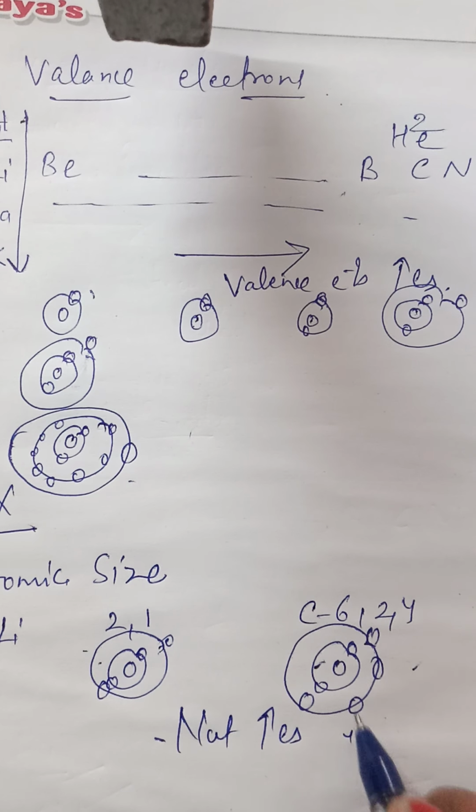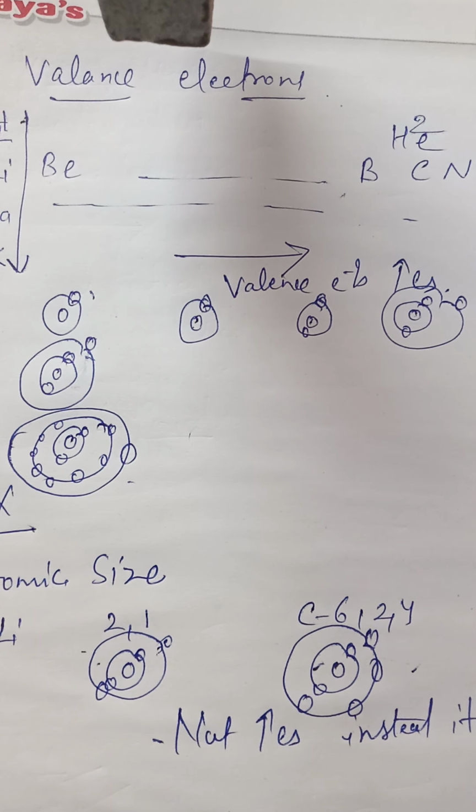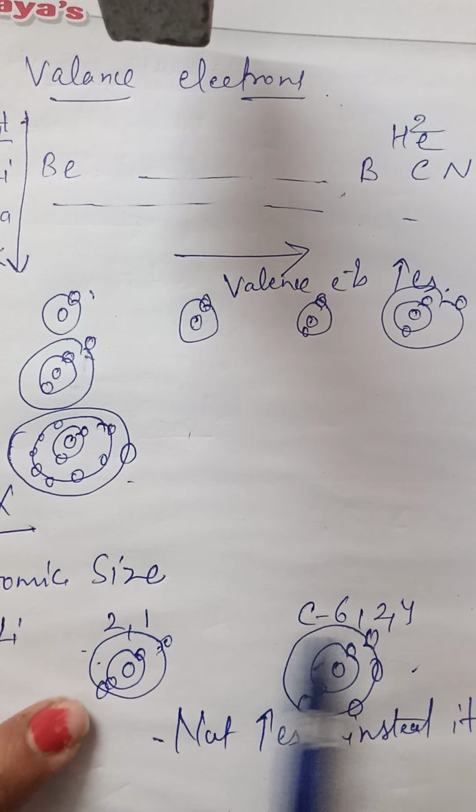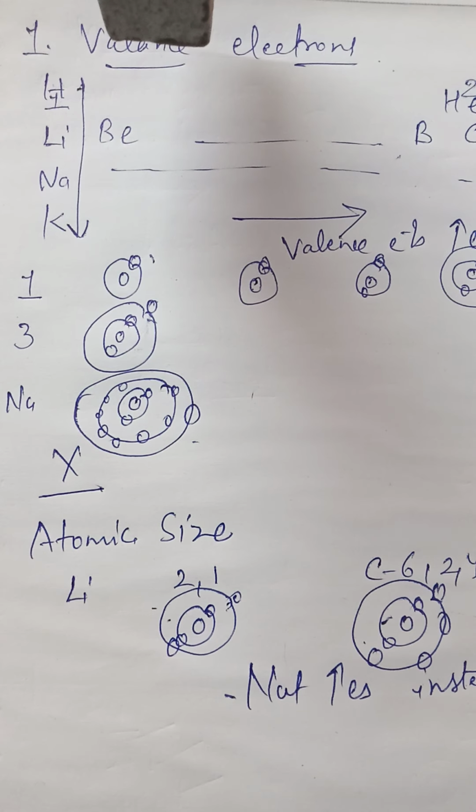instead it decreases. Now why does it decrease? Because as more and more electrons fill the shells, the nuclear charge goes on increasing. The increased nuclear charge automatically attracts the electrons towards itself, so the size reduces.